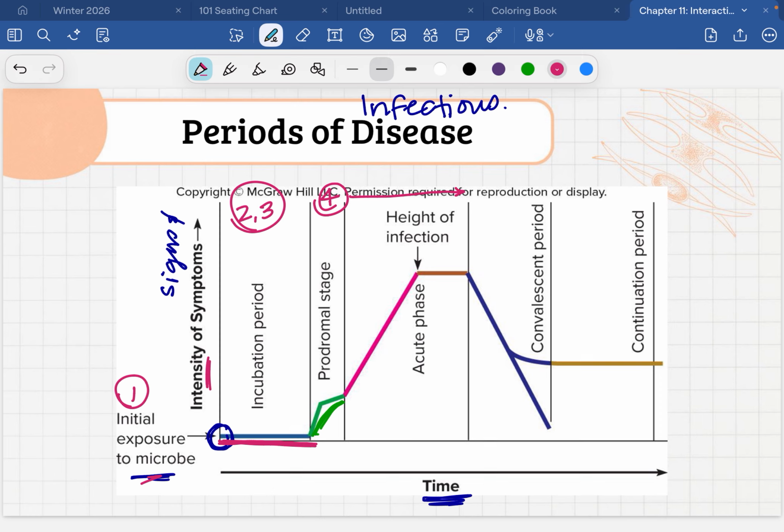But this prodromal period or prodromal stage is when the bacteria or virus has just begun to cause disease or just begun to cause symptoms. It typically lasts a relatively short amount of time. As you can see here, it's relatively short. And in this stage, during the prodromal stage, signs and symptoms, so S&S, signs and symptoms, are typically mild and non-specific.